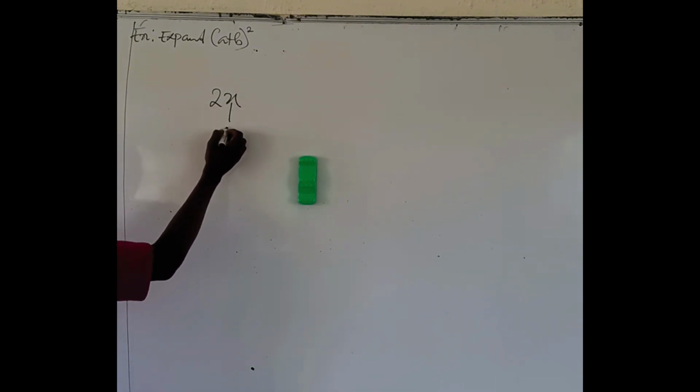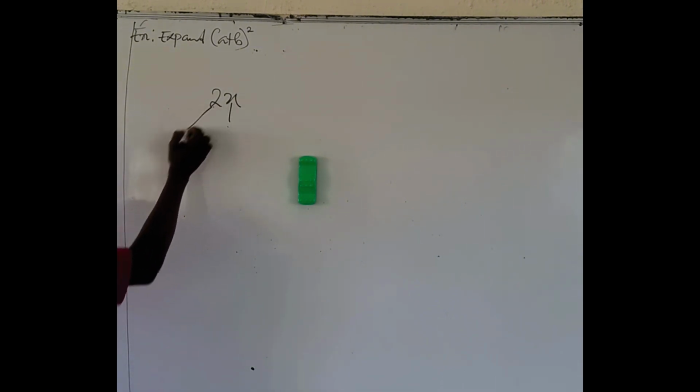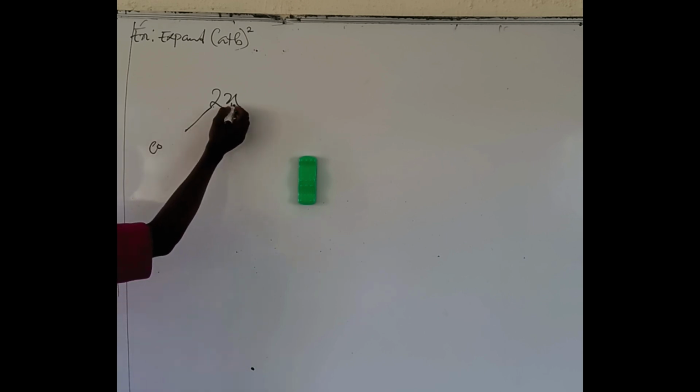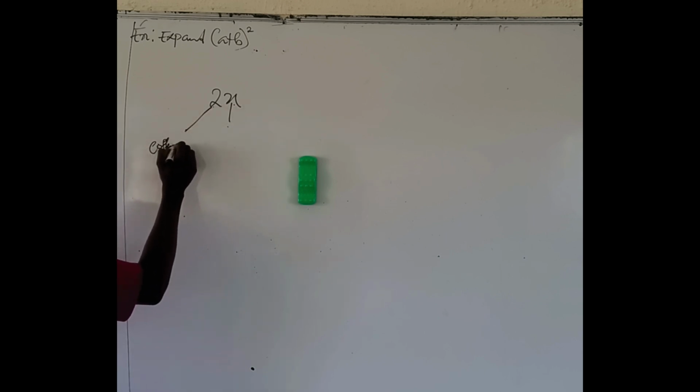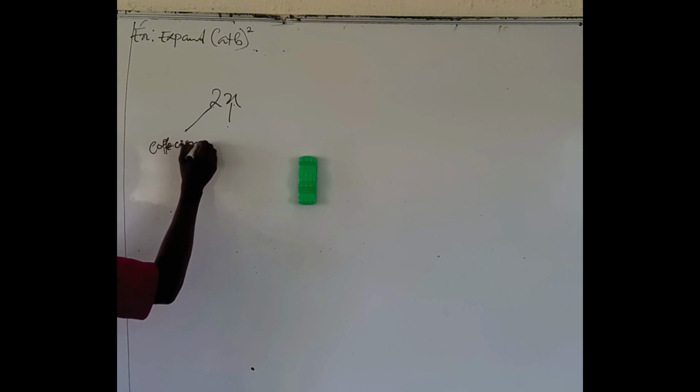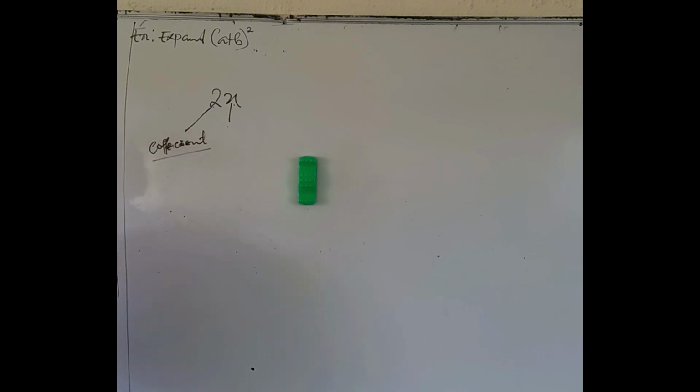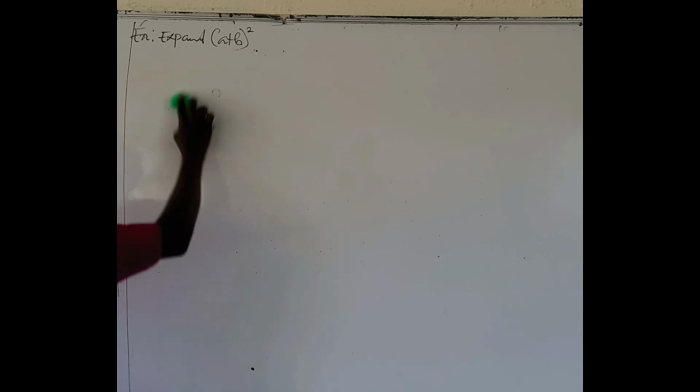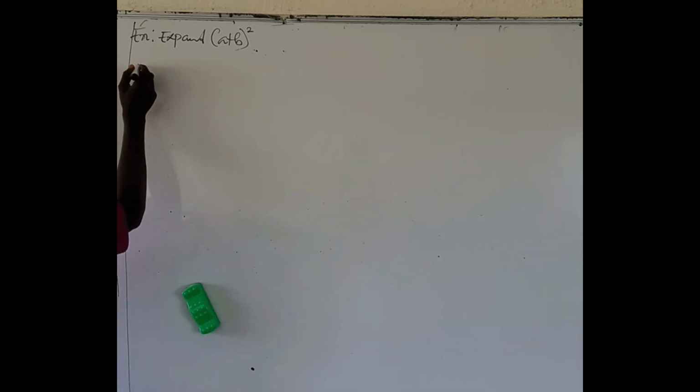The alphabet is s, and what is the number beside this? That's 2. So the coefficient of s is 2. Coefficient means a number beside an alphabet.